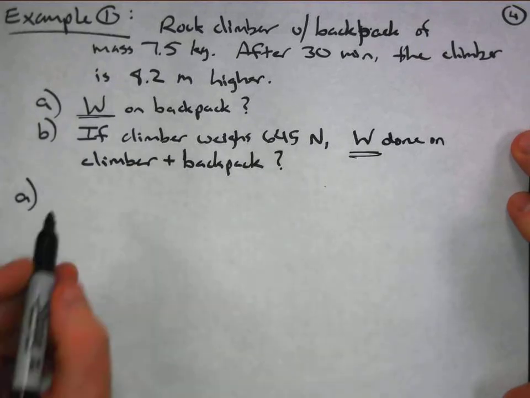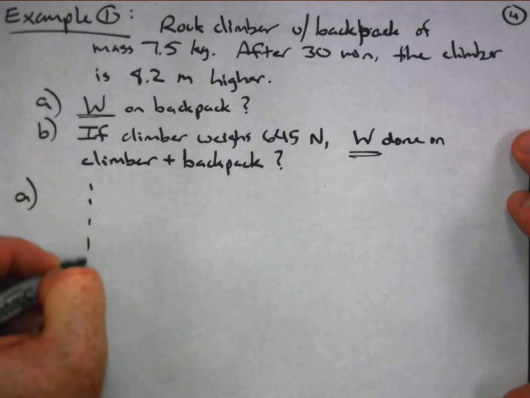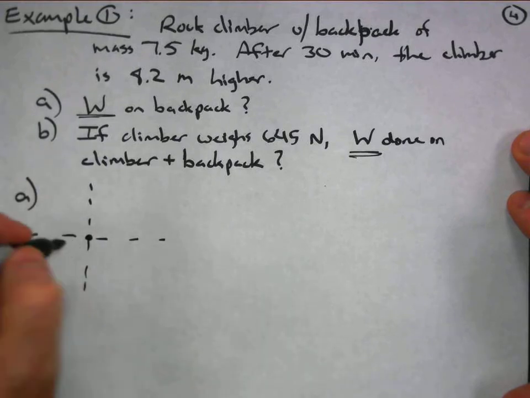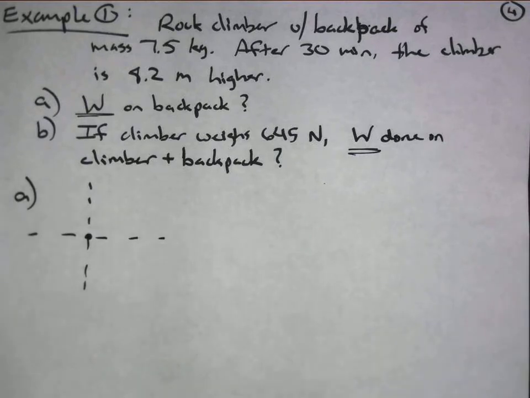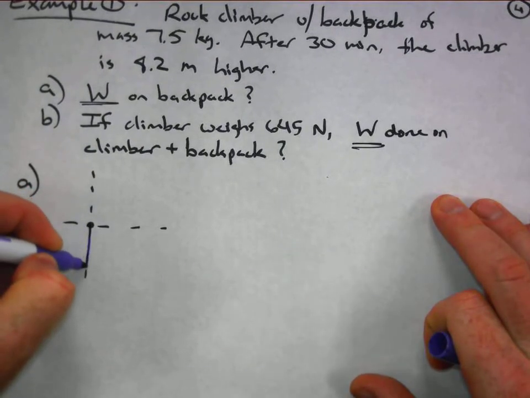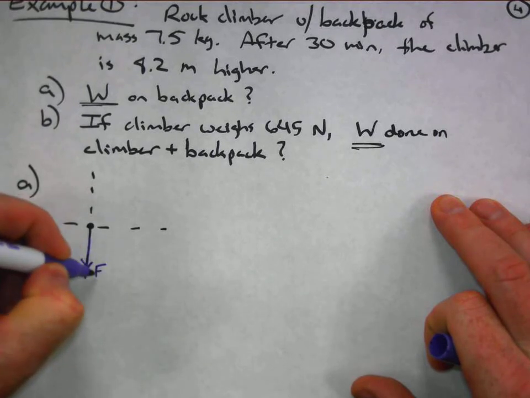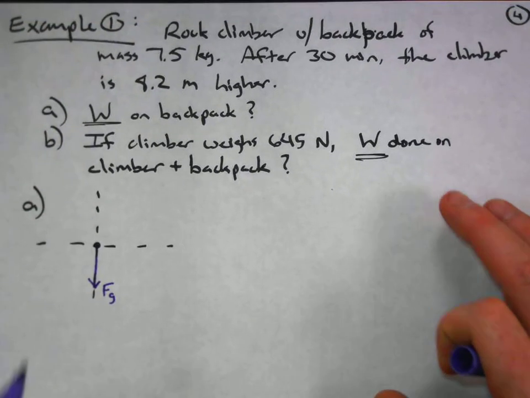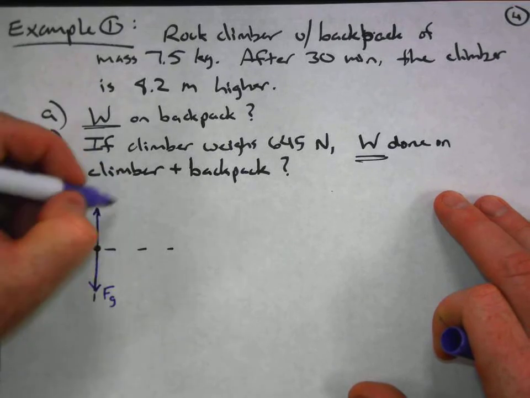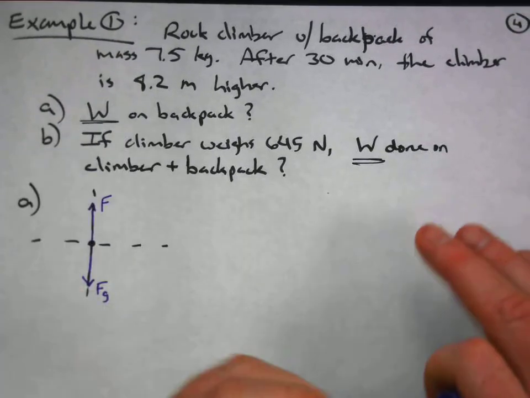There's more than one force acting on the backpack. So a little free body diagram here, right? The backpack has weight, and the backpack is being somehow pushed or pulled up by a force from the climber.